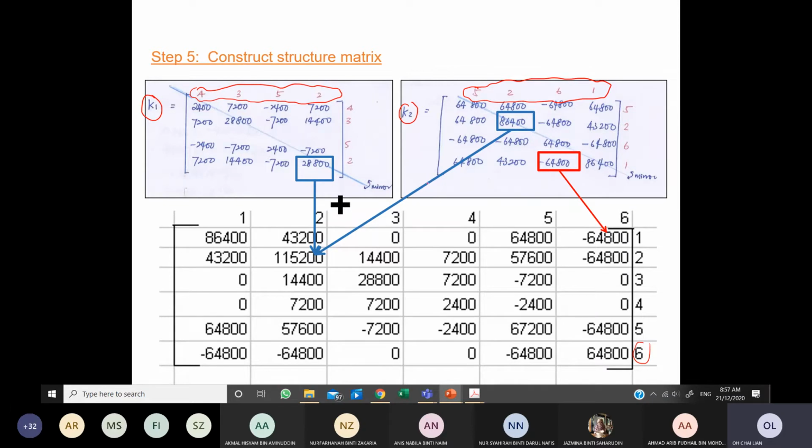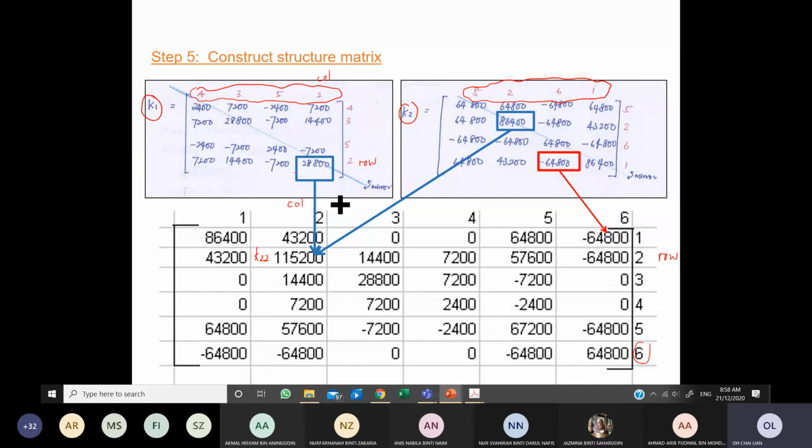How to do that? Let us try the one that I highlighted in blue. I want to find K22, column number 2 and row number 2. So I go to K1 and search for column number 2, row number 2.